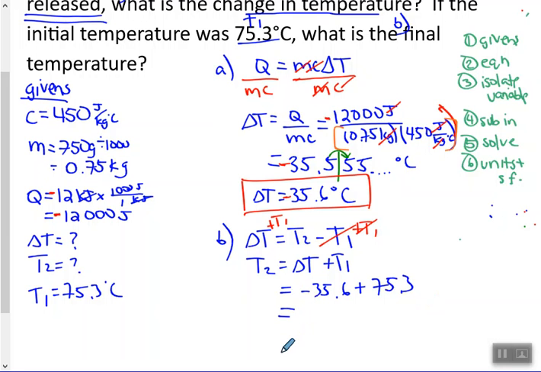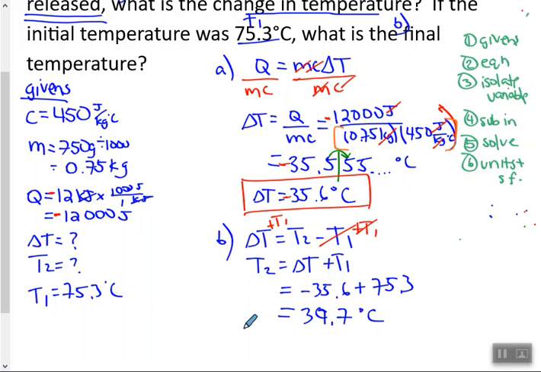So we'll be taking 75 because that's what it was, and it's losing 35.6 degrees Celsius. So we get 39.7 degrees Celsius instead of 110.9. So it wouldn't make sense.